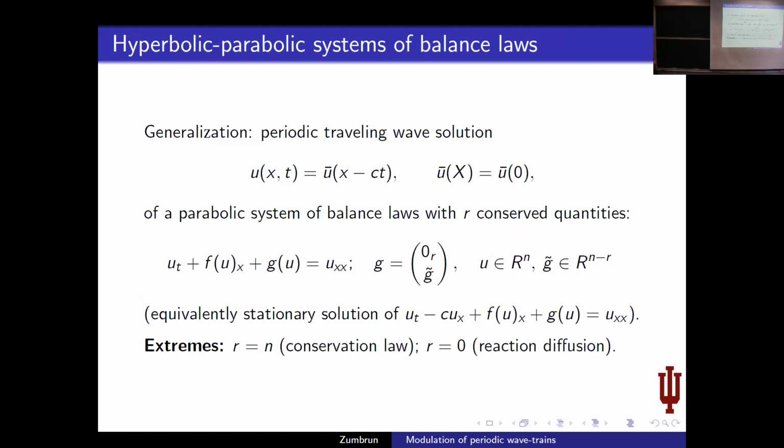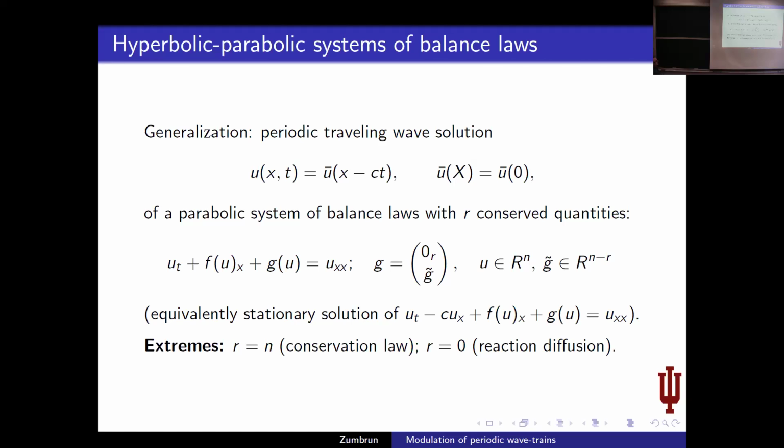So let's look at a generalized periodic traveling wave solution. This is a vector valued solution, but now it's not a pure reaction diffusion. We allow some convection, some diffusion as before, but also partial reaction. Some of the terms do not have any reaction. And so we'll assume R of the coordinates of U have no damping or growth on them.